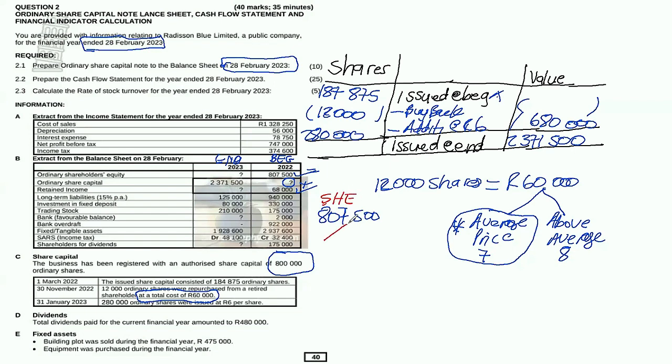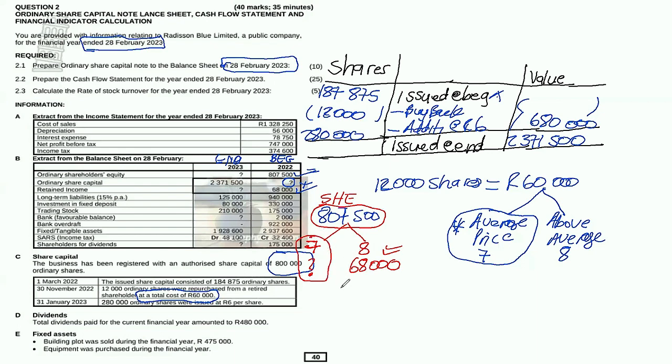Remember, shareholders' equity consists of note number 7 and note number 8. Remember, our ordinary share capital at the beginning was our balancing figure. You were told that retained income is 68,000, right? So we have 807,500, an amount of 68,000 and an unknown ordinary share capital.